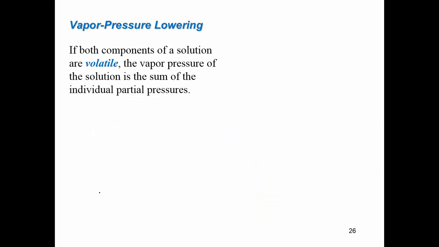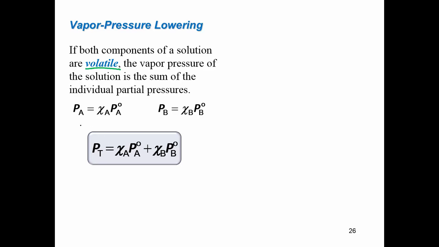If components of a solution are volatile, and volatile is a key word you need to know, the vapor pressure is the sum of the individual partial pressures. So the total vapor pressure, P total, will be the sum of the partial pressures, PA plus PB.